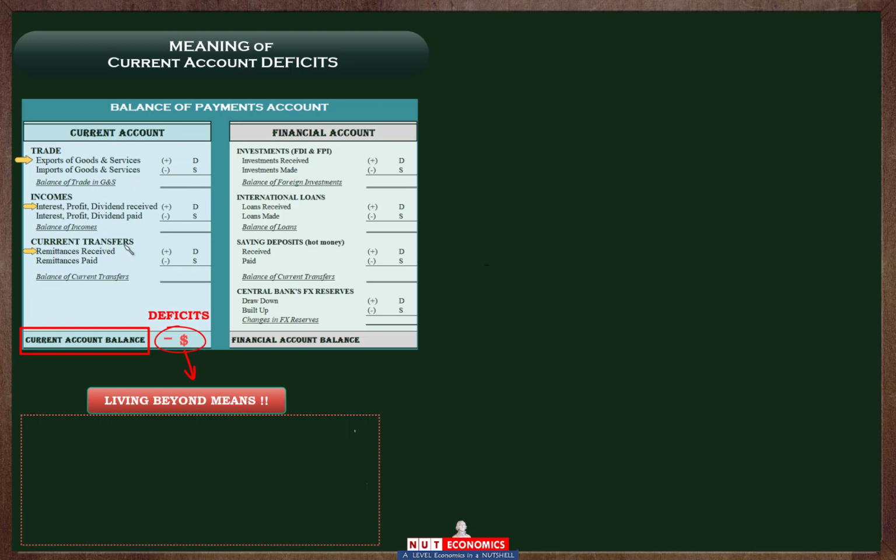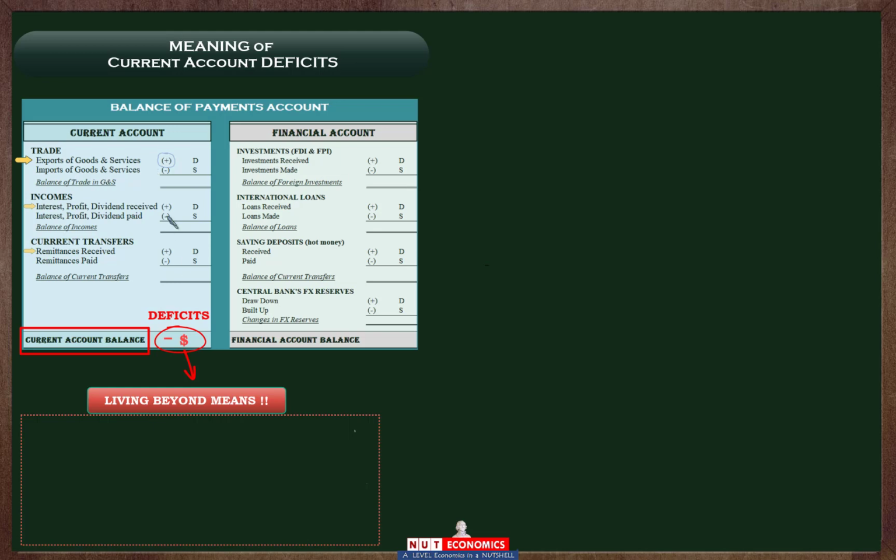Either you receive inflows in the current transfers or the incomes part, or you receive inflows within your trade part because of the goods and services you export or sell to other countries. Now, out of all of these three different sources of dollar inflows, remember that it is always the dollar inflows because of the exports that you sell to other countries which is the main source of dollar earnings.